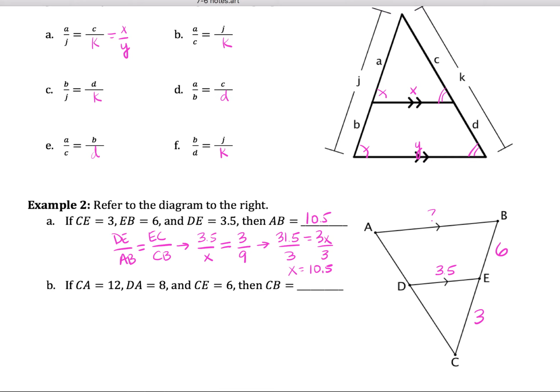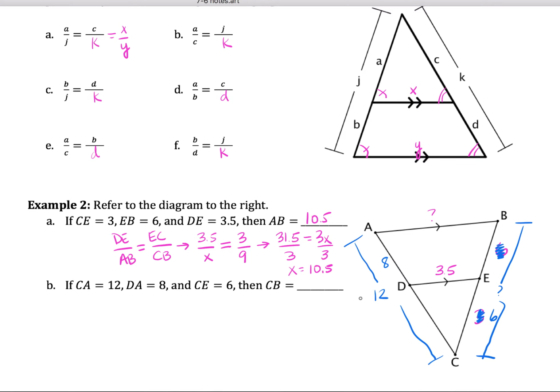Now next, let's look at another set of values that could be applied to this diagram. CA having a length of 12. So this length is 12. DA having a length of 8. CE, so I'm going to get rid of this 3 here for a second. CE has a length of 6. And the question is, what is this length going to be right there?